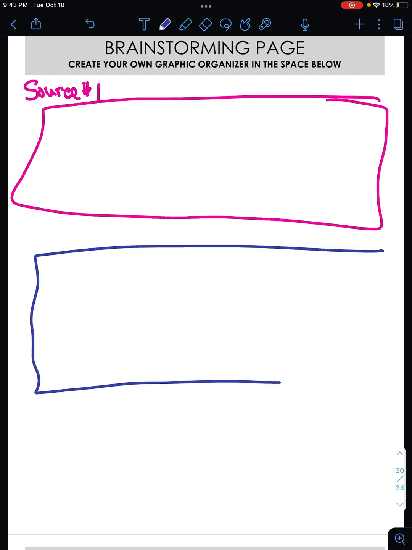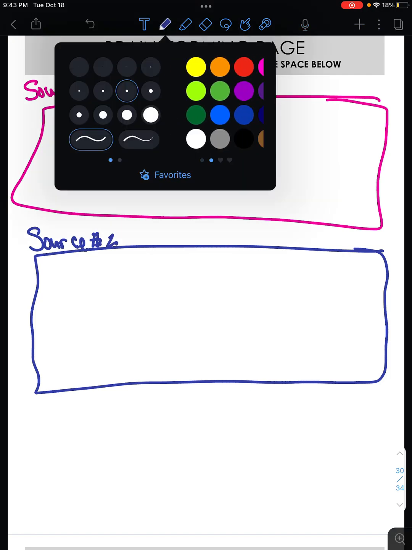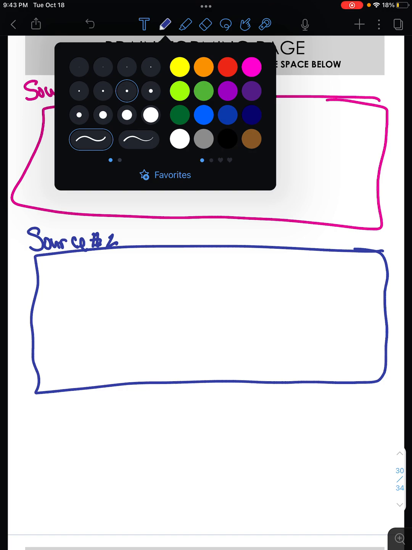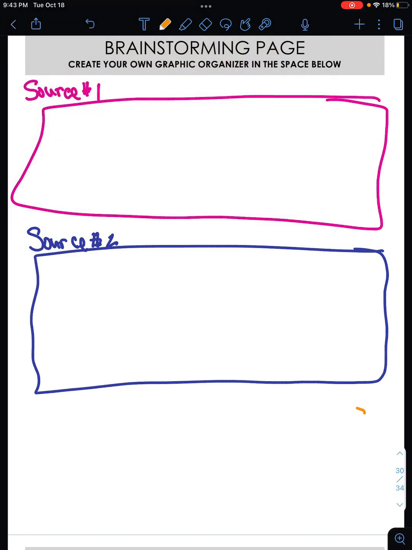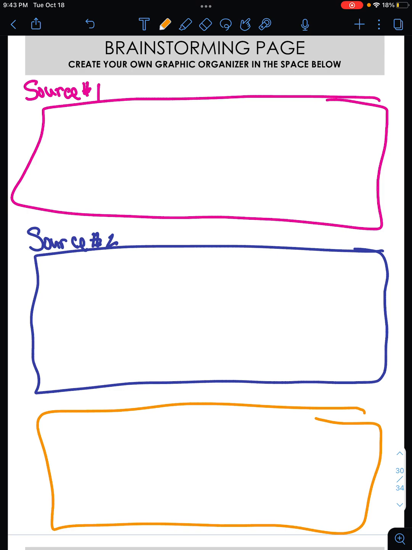Okay. Here is my important stuff that I want to use for source number 2. Okay, then you go ahead and change up the color again. And then you say, okay, this is what I want to use for source number 3. Okay, so then you're going to be taking your notes in here.